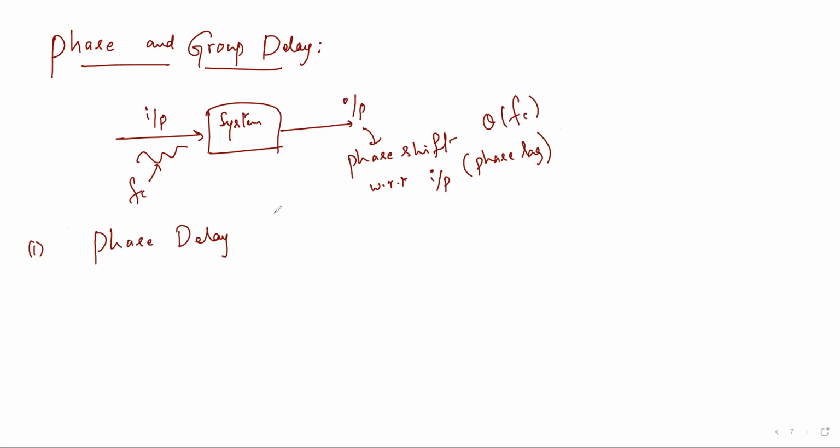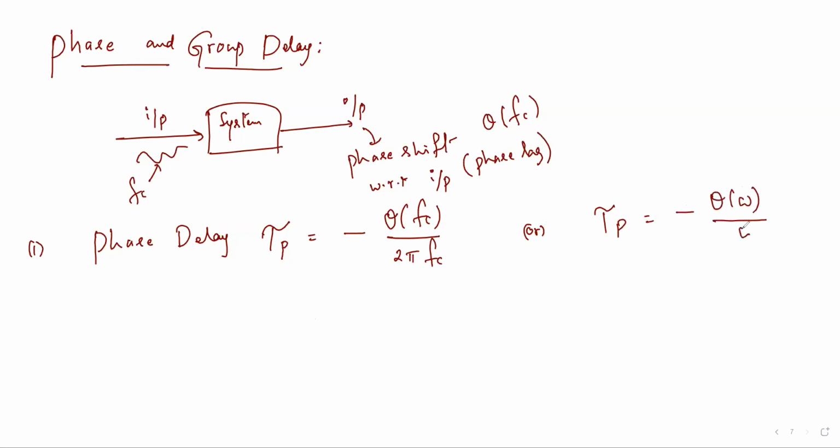The phase delay is represented like this: tau, take suffix p for phase, tau stands for delay, is minus of theta of FC divided by 2 pi FC. Or else in terms of omega, minus theta of omega by omega.